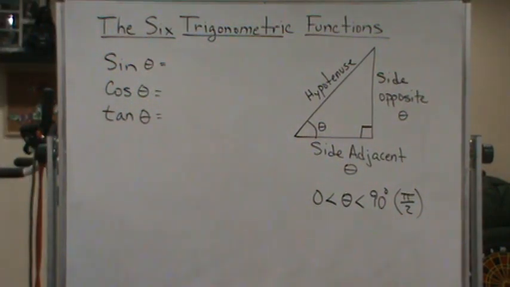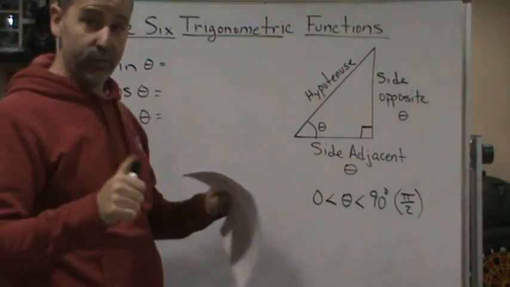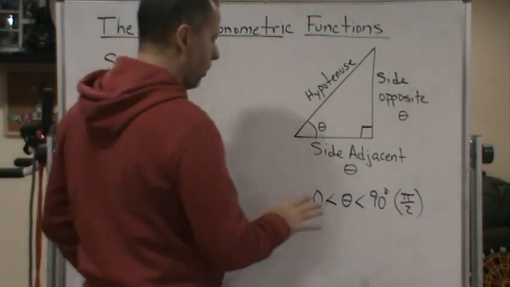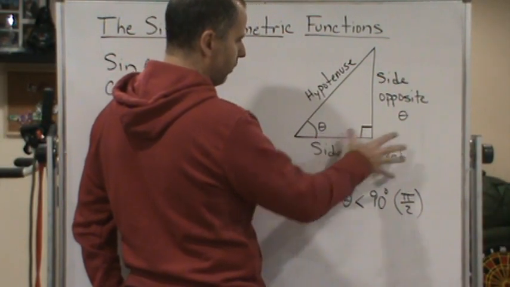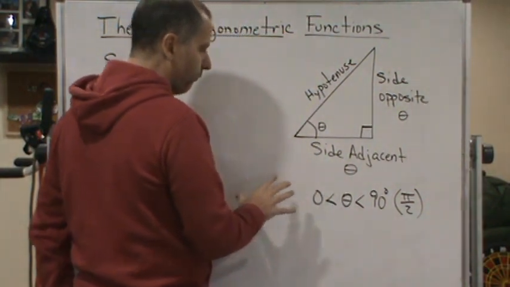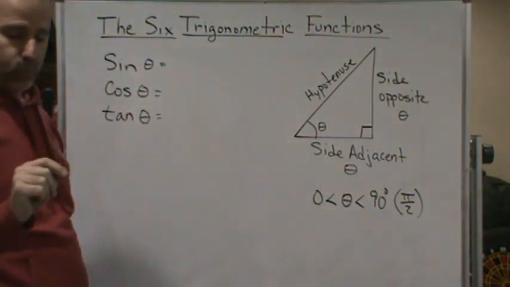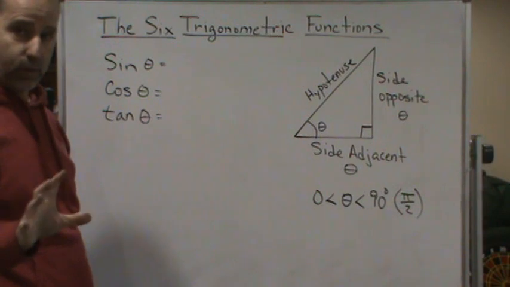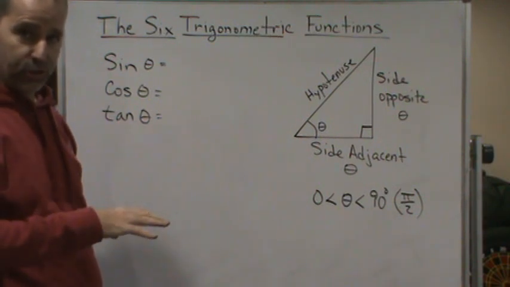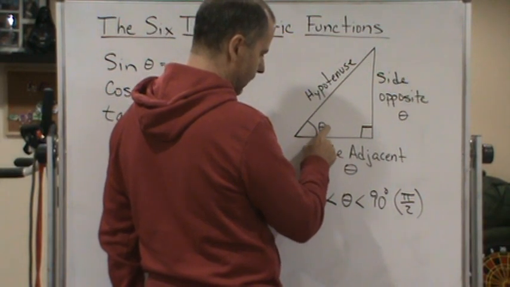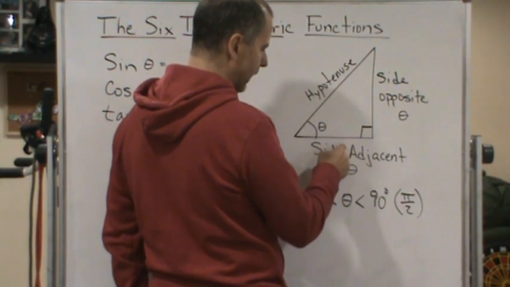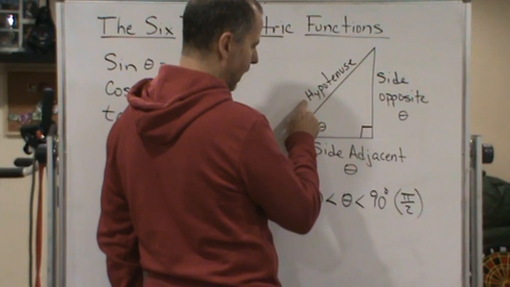Before we start looking at the ratios of these, notice that we have an acute angle, theta, and the sides are labeled as how they relate to theta. We've got the adjacent side, which is next to theta. So we have the 2 legs of the right triangle and the hypotenuse.